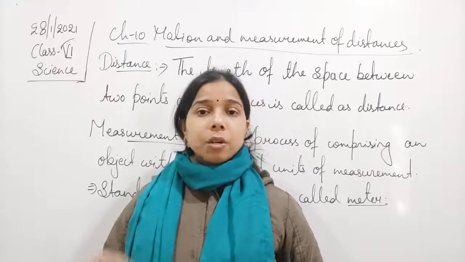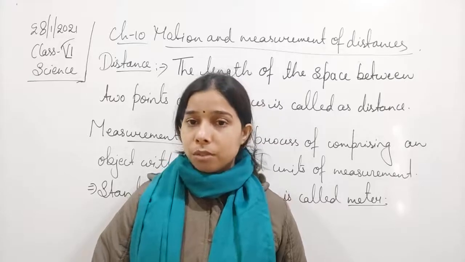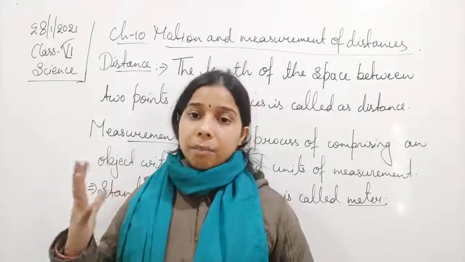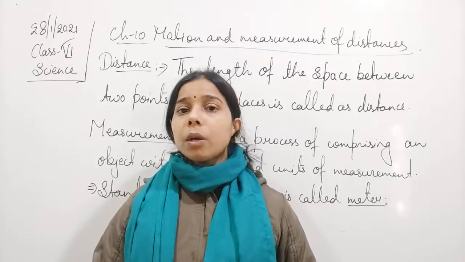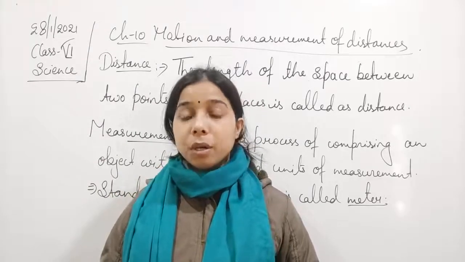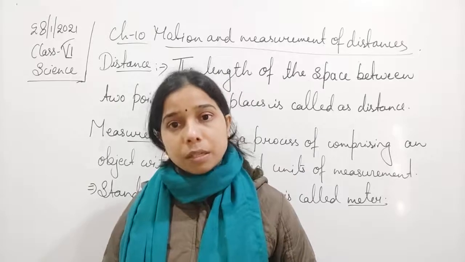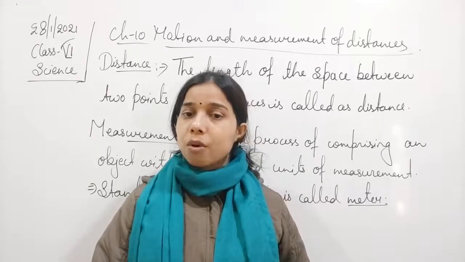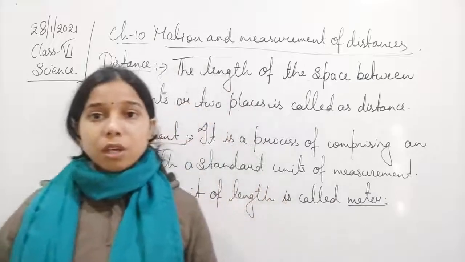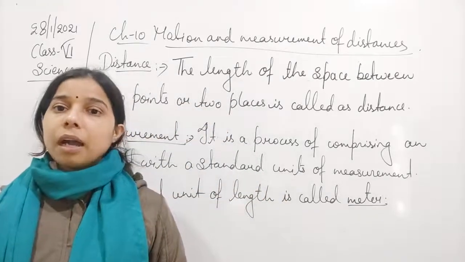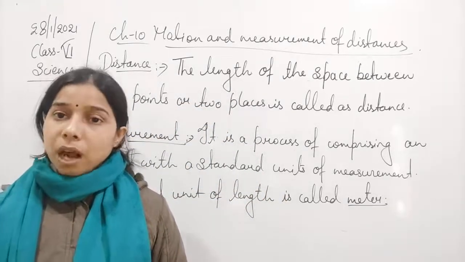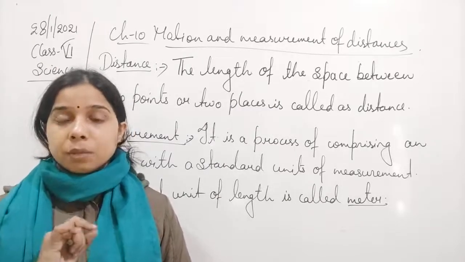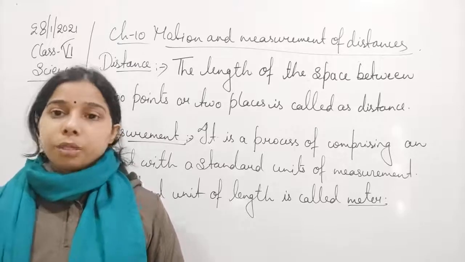Now, you know that it is a foot step or forearm or a hand span. So these all are not a standard unit, because it varies from person to person. So ultimately the measurement that comes out for an object will also differ, and because of that there is a need of a standard unit which is common to every place throughout the world.